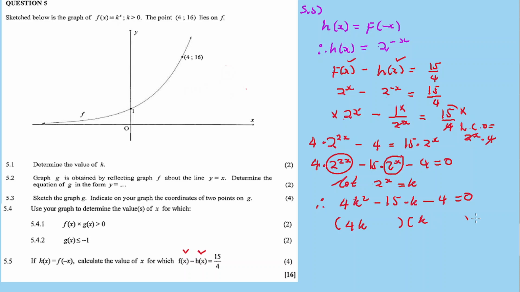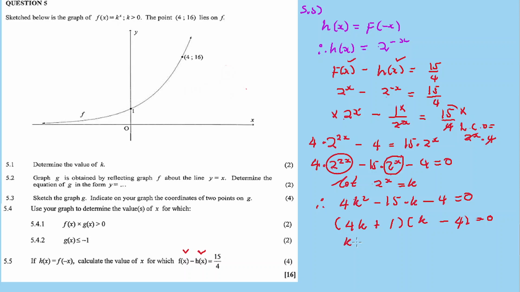k equal to what is it? Okay, it's 4 and 1. So it's minus 16 plus 1 gives us negative 15k.